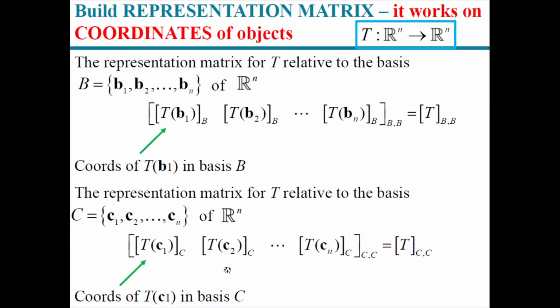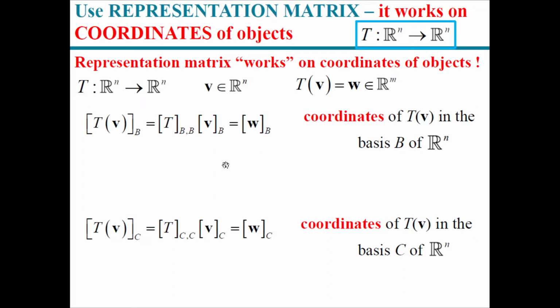For the second column, I compute T of C2, so that's a vector, and then I need to find the coordinates of that vector in basis C. So there is work to do, and then I put the result in the second column. So that's how we build these representation matrices relative to different bases. Okay, so this is just a reminder. It's important to have that in mind.